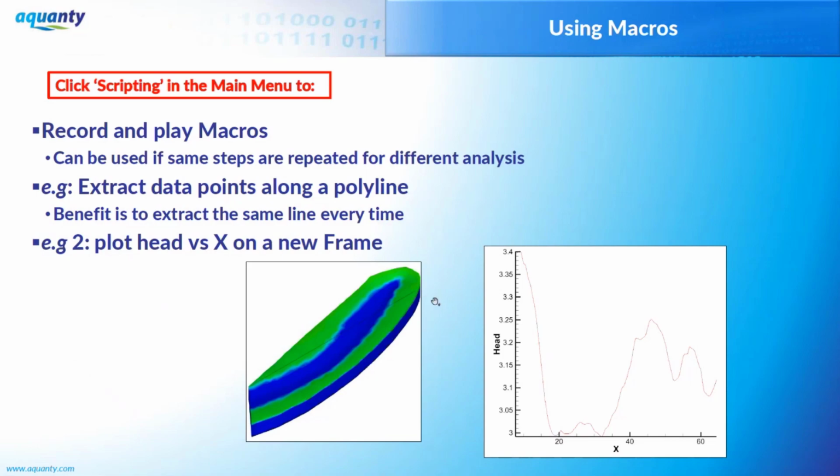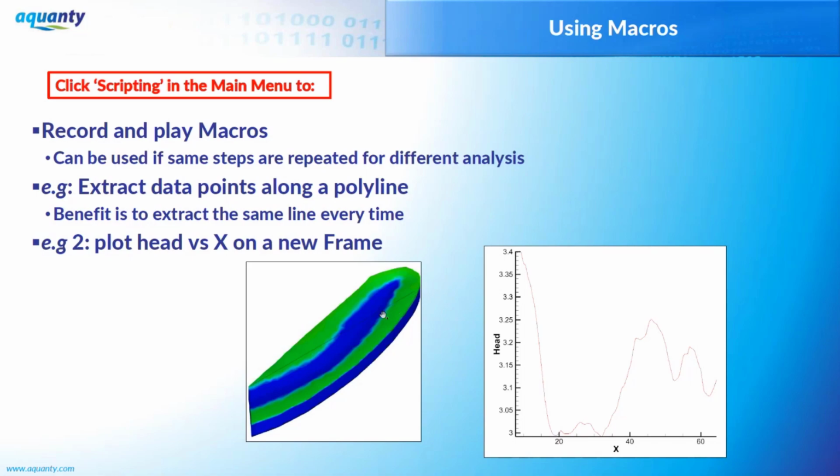In this case, I opened a 3D, and then I started the macro, I drew a line, I extracted points, and then stopped the macro. Whenever I open a new file, I open the same macro, and it will draw the same line and extract the same points.